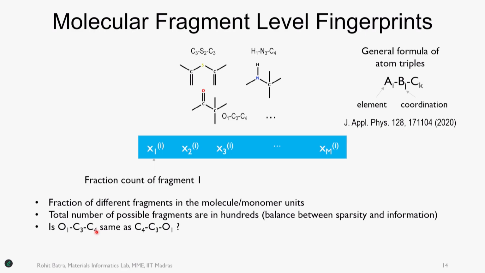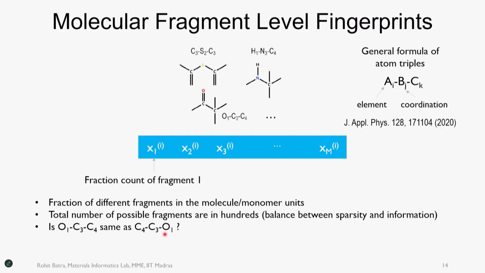So let me ask you this: say I have one fragment like this, the other one like this. Are they different or are they the same? Same. So whenever making features, I need to make sure that I'm not double counting.